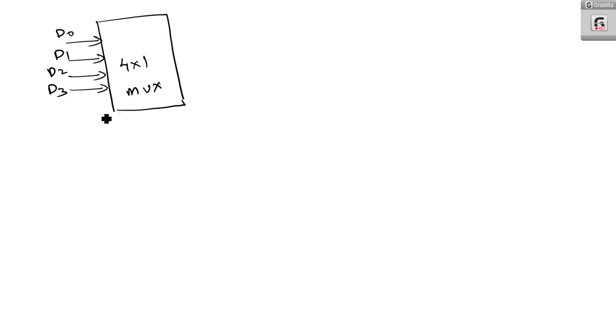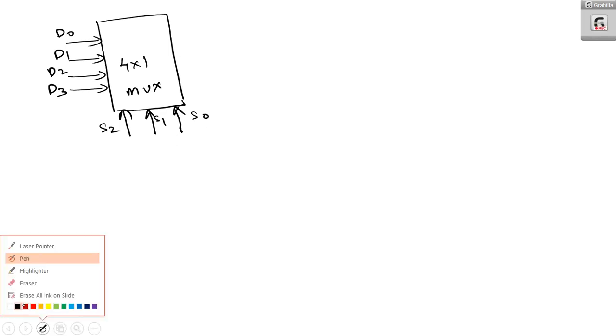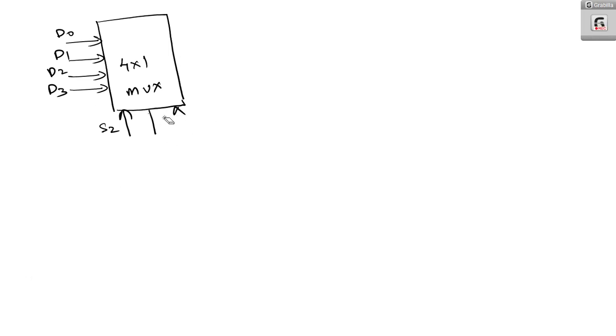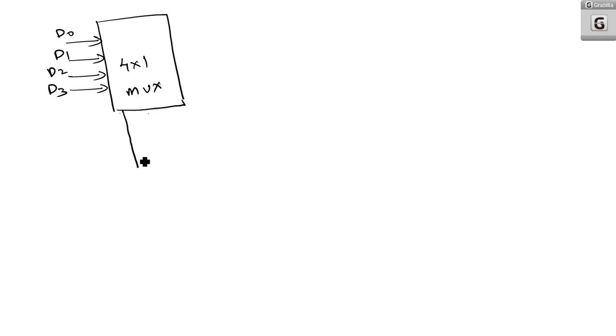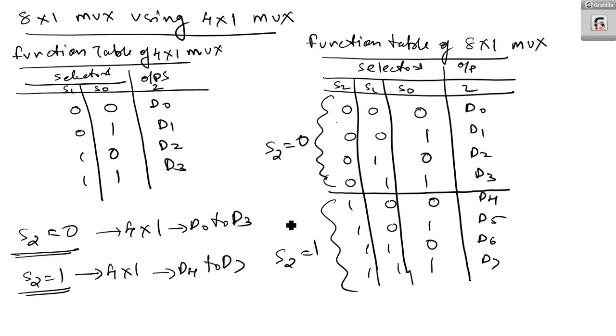So this is S2, S1 and S0. These are the three selector switches what I am having. Or I will give the input like this. I am having S2, S1 and S0.